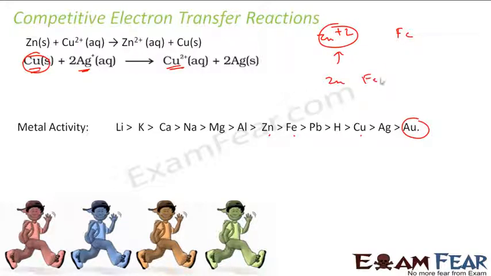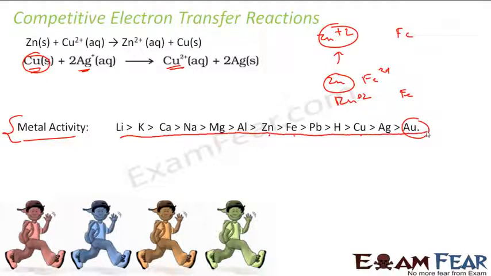But if it is zinc and iron plus 2, then zinc will become zinc plus 2 and iron will become iron. Correct. This is a metal activity series, and this is developed using tons and tons of experiments. So it's good to remember this activity series.